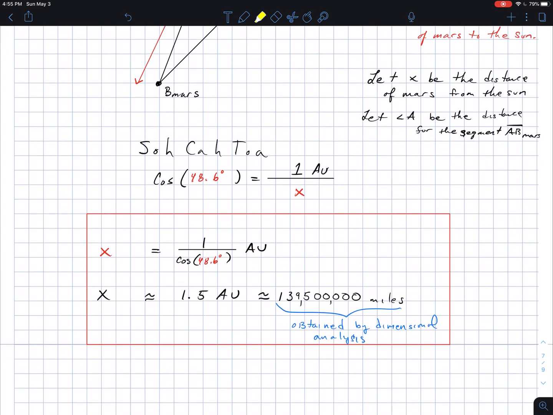I've given both the exact solution and the approximate solution. I have also given the approximate solution in miles. If you're interested in reviewing that, that's a physics concept called dimensional analysis, but that's usually taught in physics classes. If you do have any questions about it, please let me know.